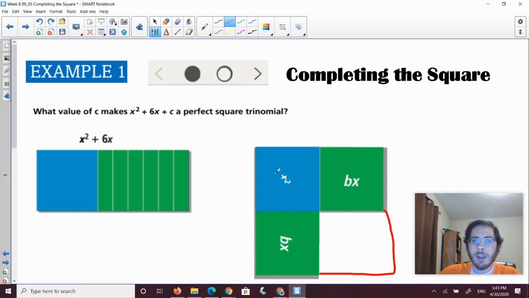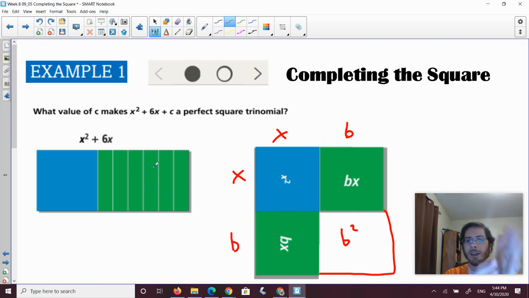So I know that this is x squared, and x squared is x times x. If I'm working backwards with factoring, bx divided by x is b. So that needs to be b squared. But I have a little bit of an issue, because b might be all of my tiles over here. I don't want to use all my tiles because I split my tiles up into 2 piles.